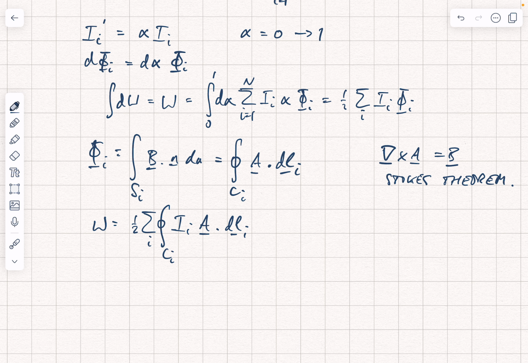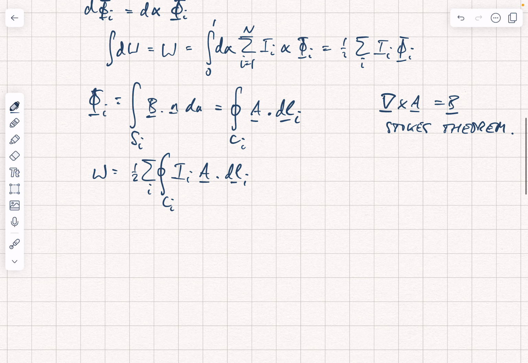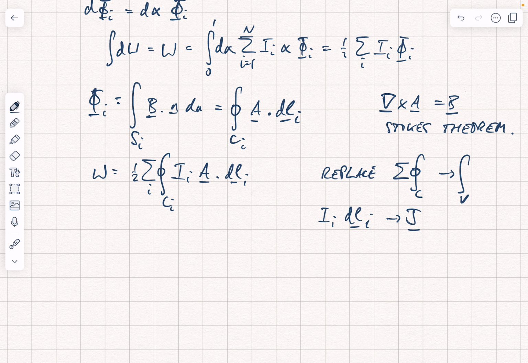Now, we're actually interested in the magnetic energy density in a general system. So we're not wanting to think about circuits, but about current densities. And so it is possible to show that we can replace the sum and the loop integral with a volume integral, and we can replace I dLi, summed, with a current density, and so the total energy in this system becomes the volume integral of J dotted with A dV.